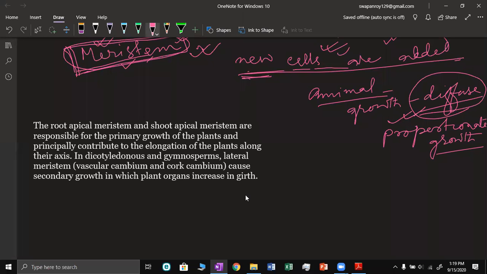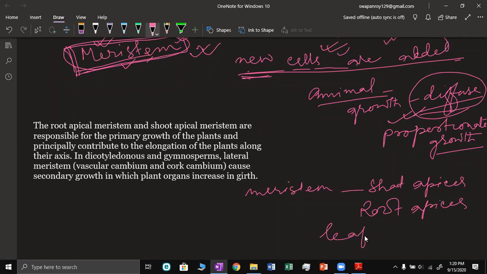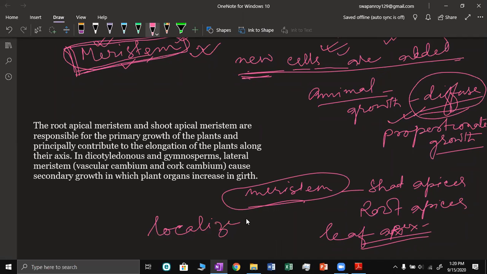In plants, the meristem is localized in the shoot apices, in the root apices, and in the leaf apices. So this meristematic tissue which will divide is located in a certain portion only. So growth in plants is localized.